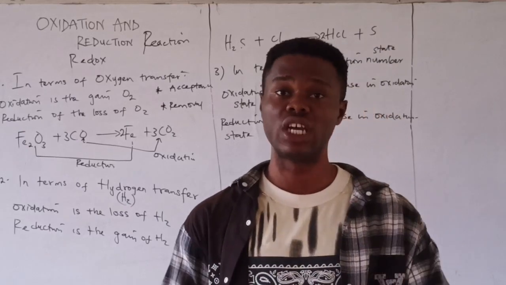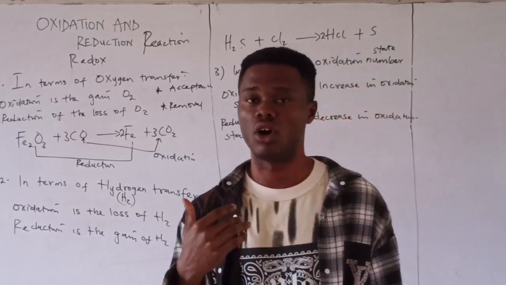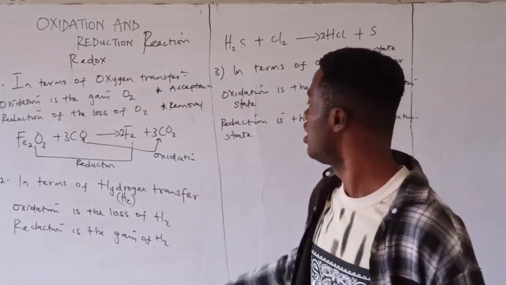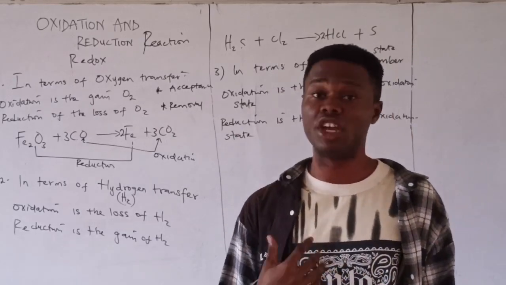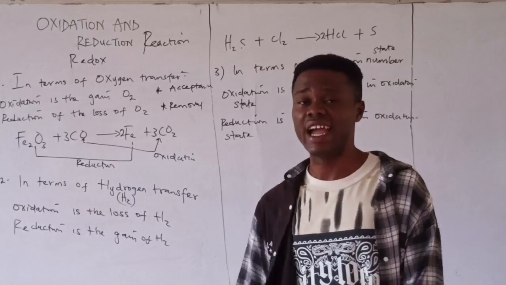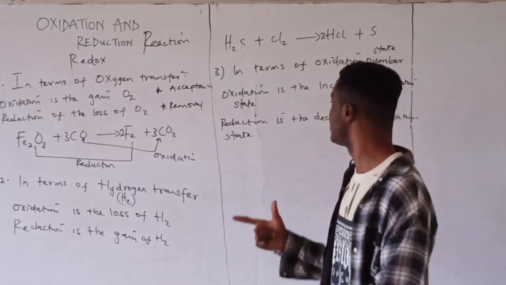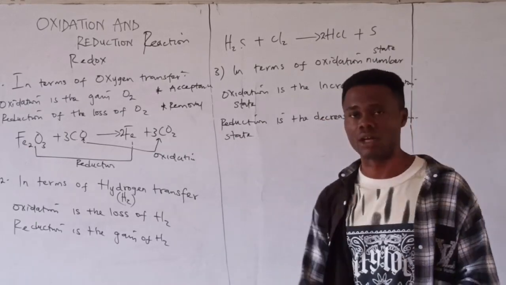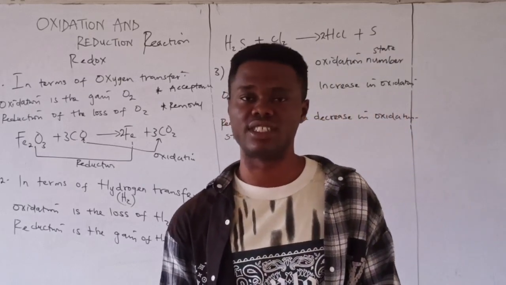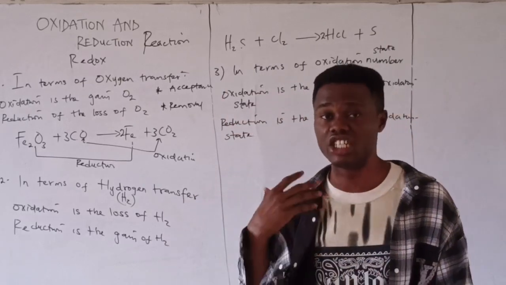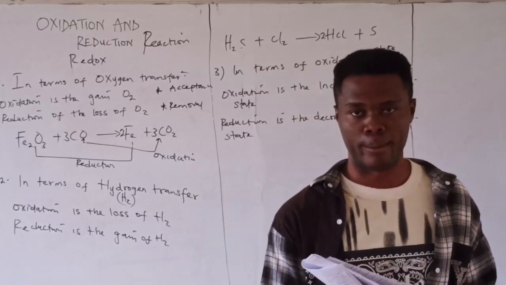So I'm going to give you two of the most important rules in the assignment of the oxidation number, so that when you see a compound, an element, or a substance, you can determine its oxidation number and oxidation state. Because by determining the oxidation number, that is what will help you to know if there was an increase or a decrease in oxidation number.